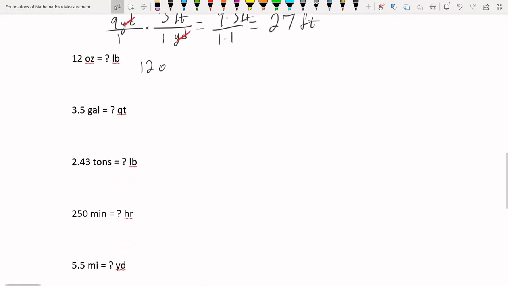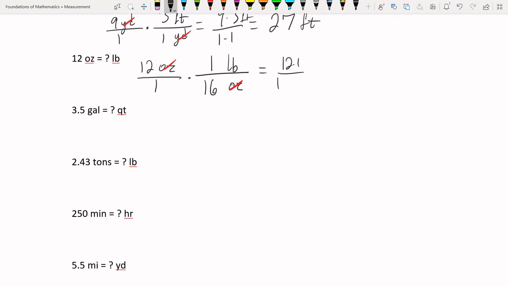So if we have 12 ounces over 1 pound equals 16 ounces. So we want to get rid of ounces and have pounds. So ounces go on bottom. That way they cancel. Pound goes on top. 1 pound equals 16 ounces.